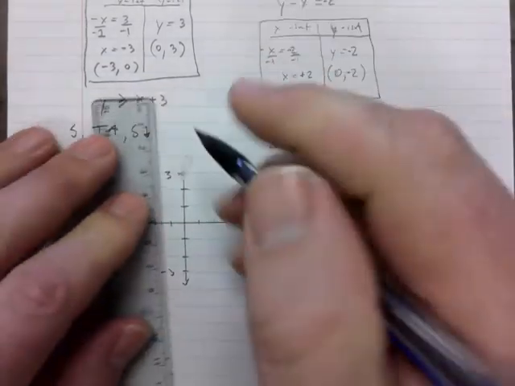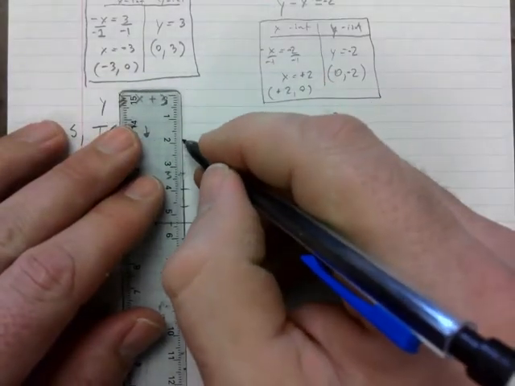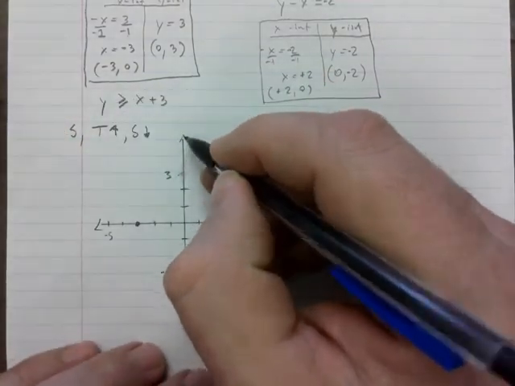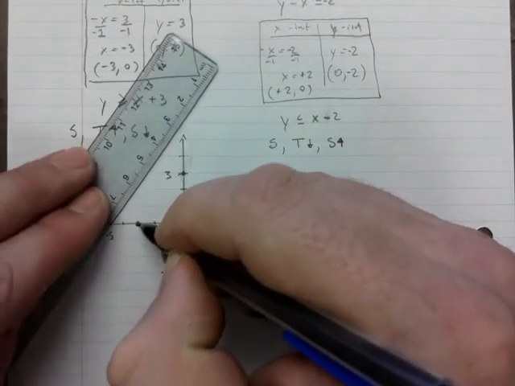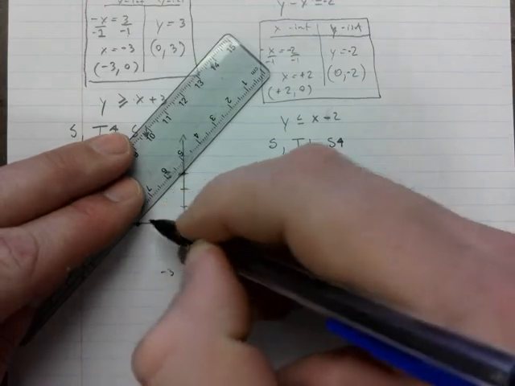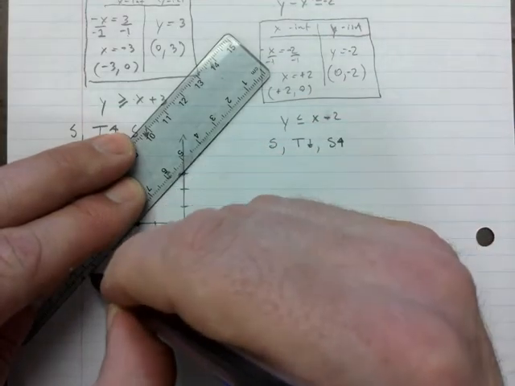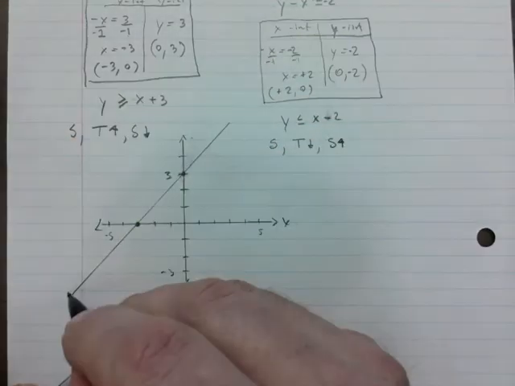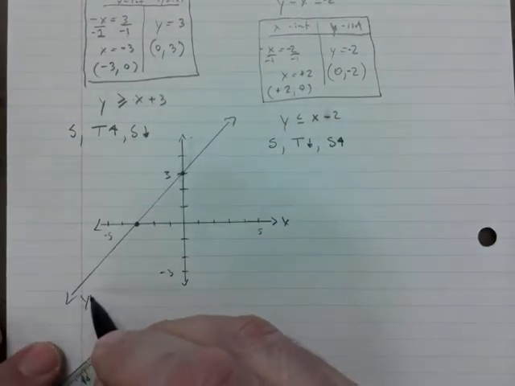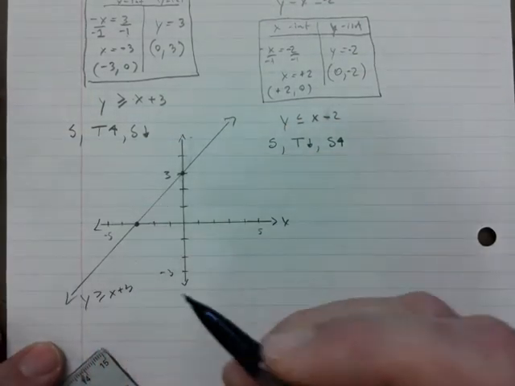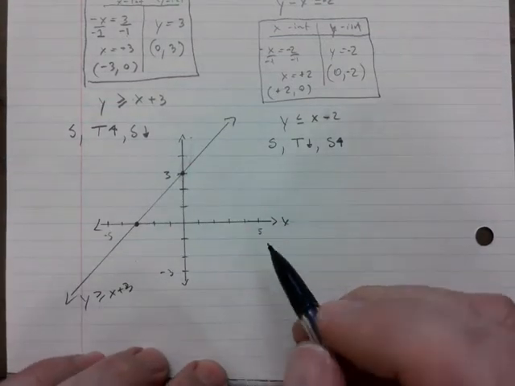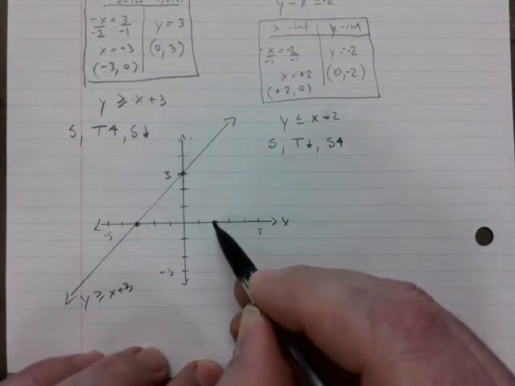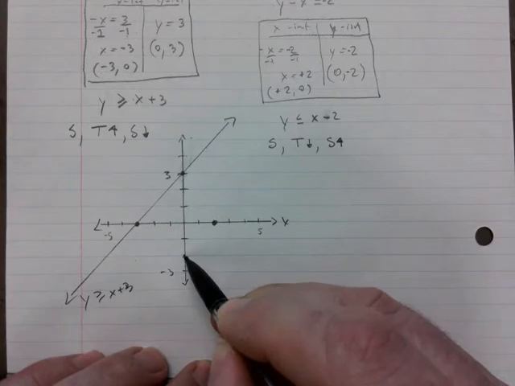That's why we have an eraser, right? We can adjust, no problem. Solid, y greater than x plus 3. And then the other line is 2, 0, 0, -2.